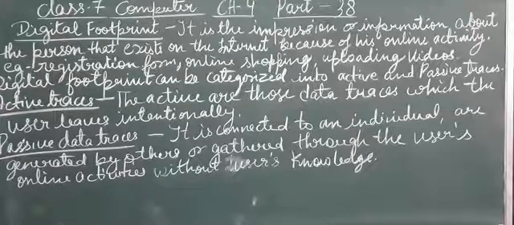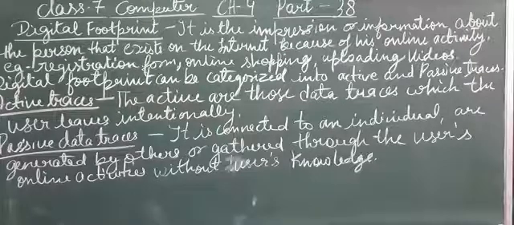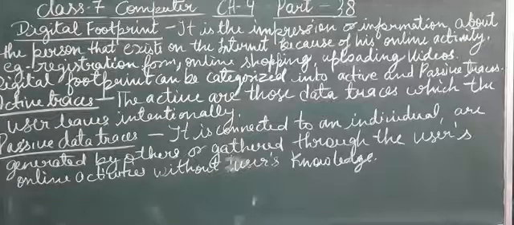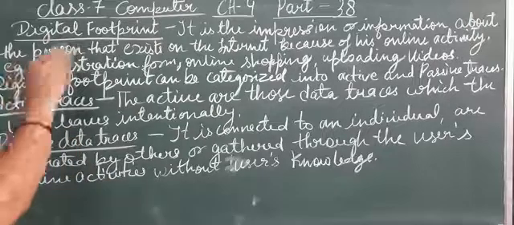Few activities which create passive data traces include surfing sites, searching information, online shopping. So these are all passive data traces. Hope it is clear. So once again, what is digital footprint?